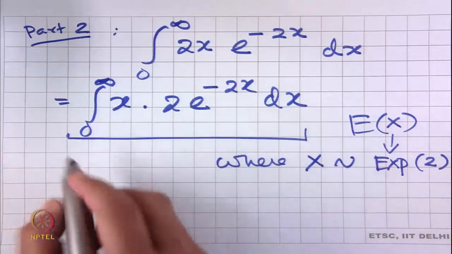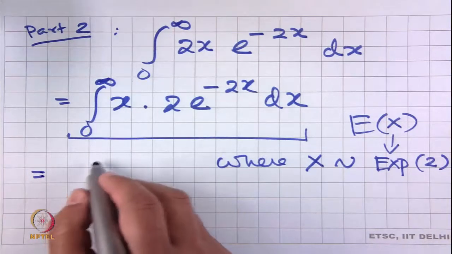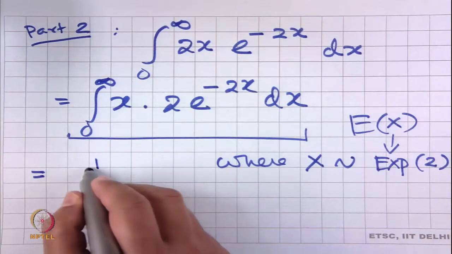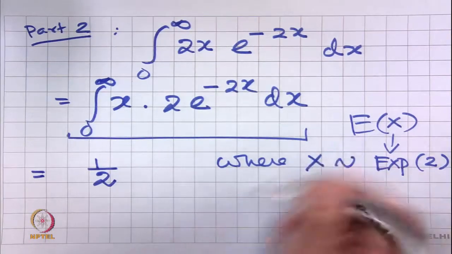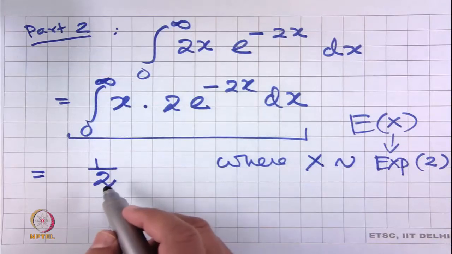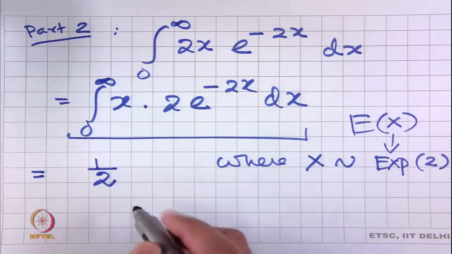Therefore, this expected value is going to be 1 upon 2, because if the parameter is lambda, then expected value is 1 upon lambda.